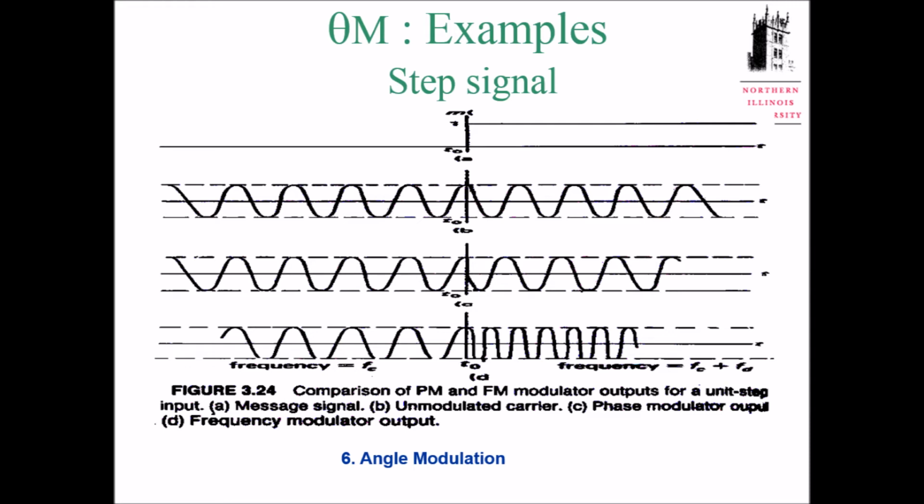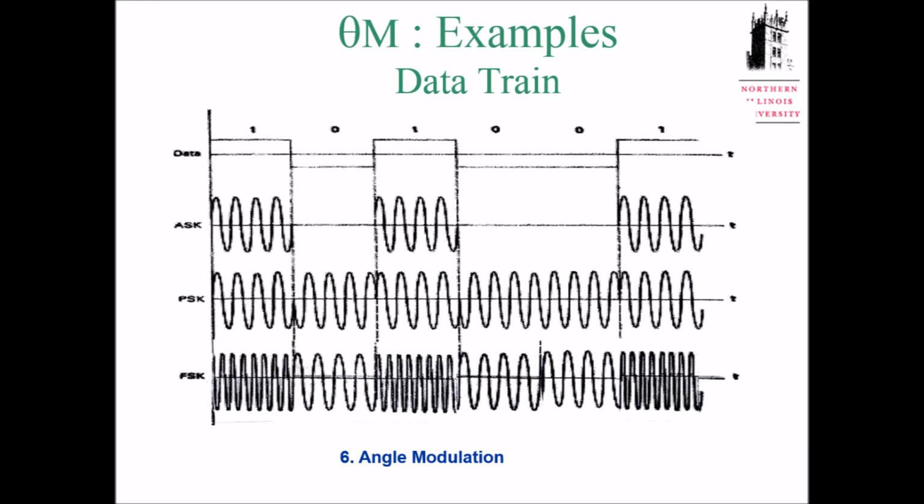And here, low amplitude of your information, they have a lower frequency. Here, we have a higher frequency. So it is very easy for us to distinguish FM and PM. Sometimes it's not so straightforward. Okay, any problem for this example, we have a message, PM and FM.